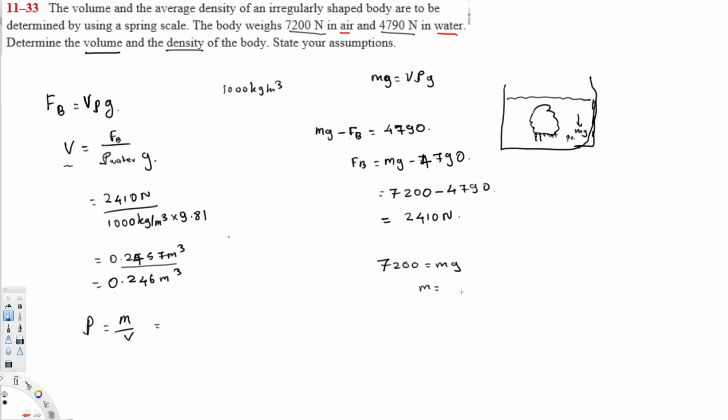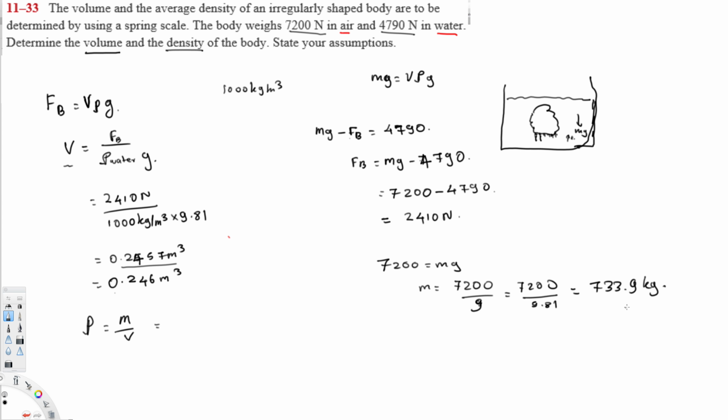M is going to be equal to 7200 over g, that is 7200 divided by 9.81. If we calculate, that gives us 733.9 kilogram.